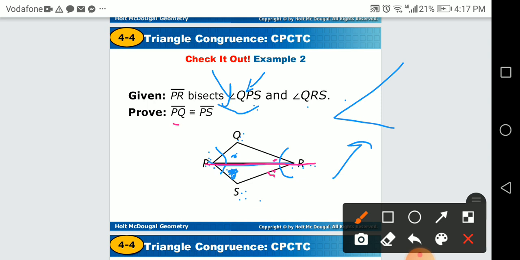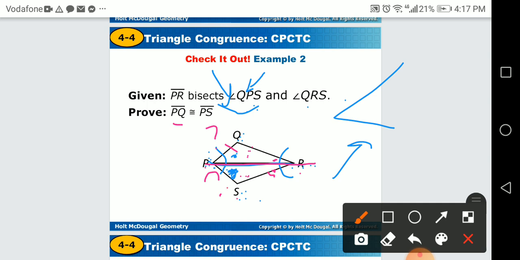He asks me to prove that side PQ is congruent to PS. How can I prove that? I can prove it after I prove that the two triangles are congruent. If triangles PQR and PSR are congruent, then these two sides are congruent.